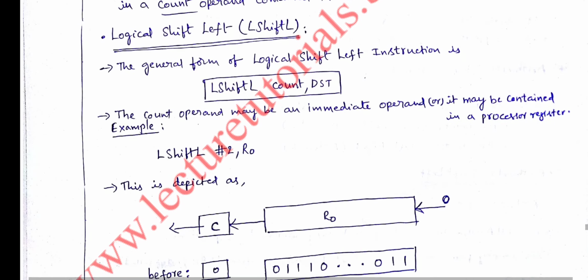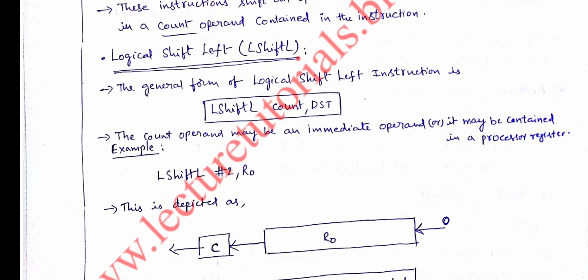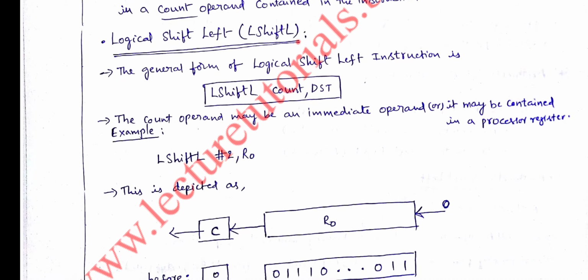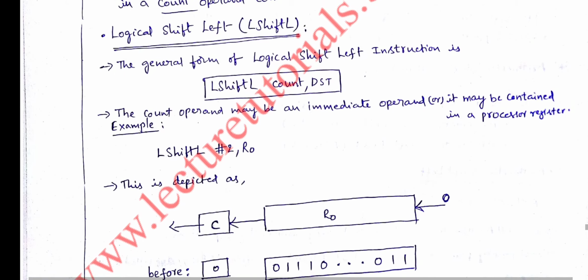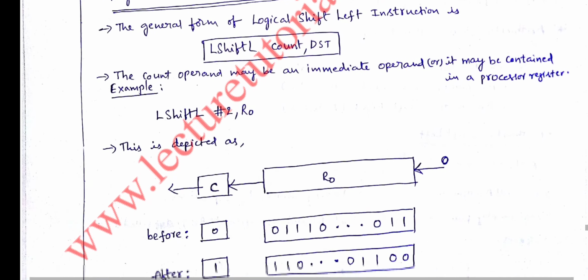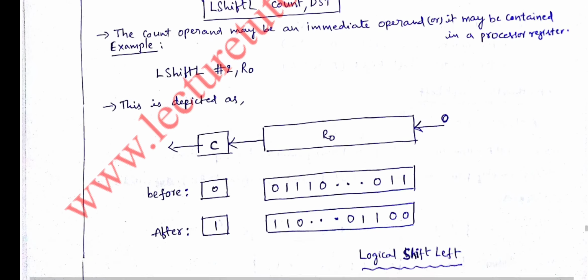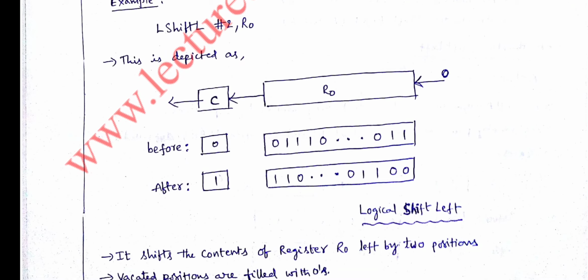See here one example: LShiftL #2, R0. This is depicted as R0 moving towards the left, with C, right?